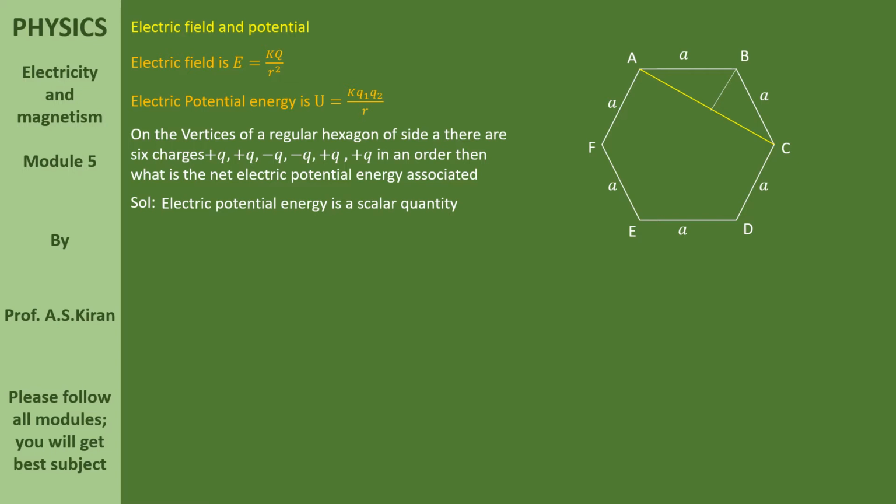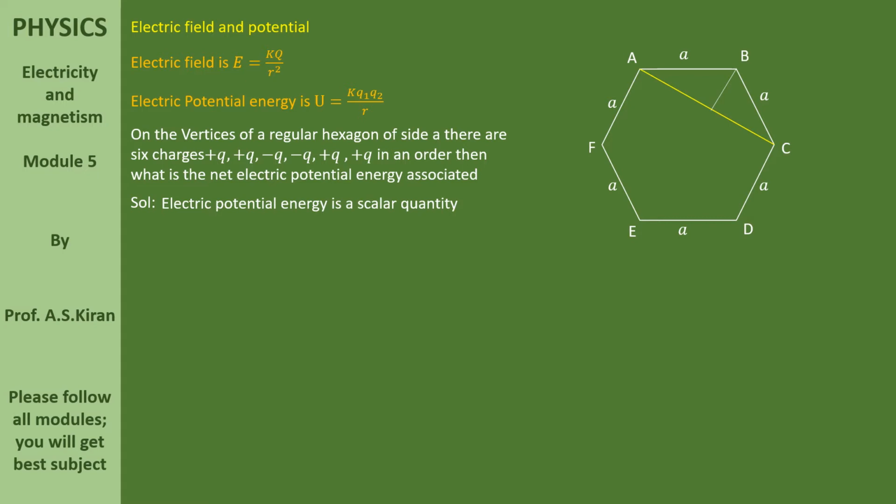Angle at C is 30 degrees in that small triangle. From A to the foot of the perpendicular, the length is A cos 30. From C to the foot of the perpendicular, the length is A cos 30.